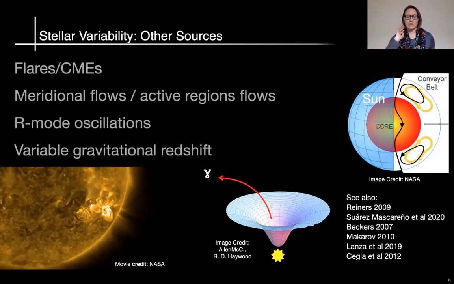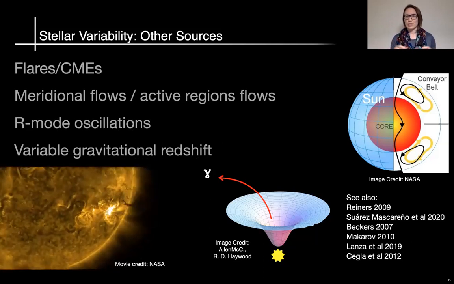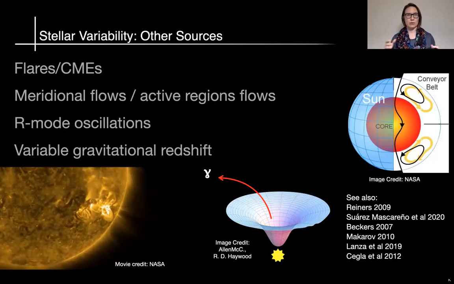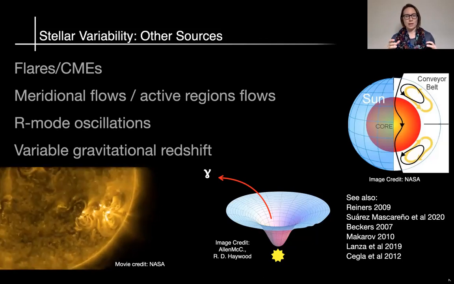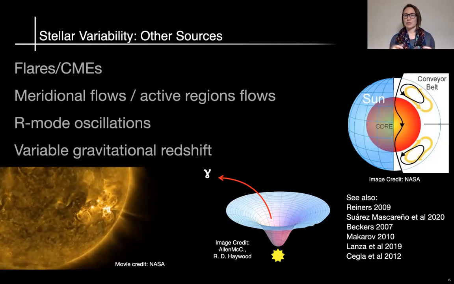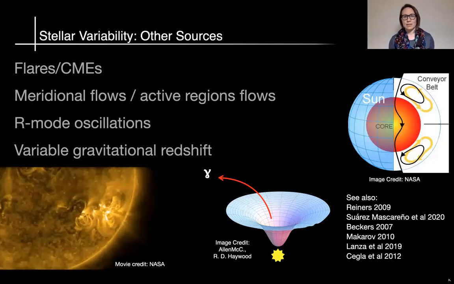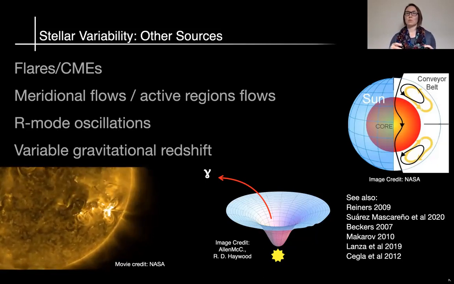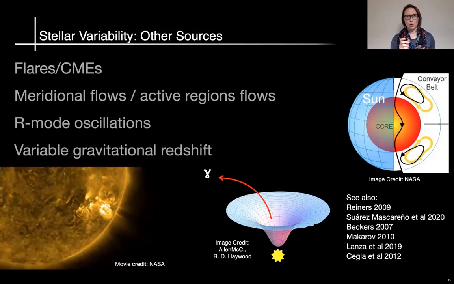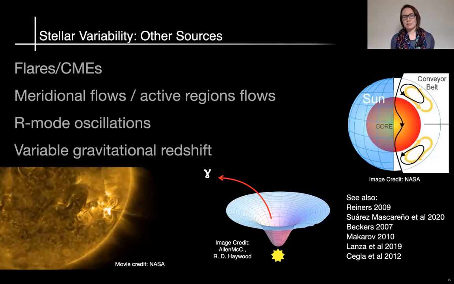In addition to the fact that if you have a star of a given mass and it changes radius, for example, maybe because the convective properties changed over your solar cycle, if you have a change in radius, then you're going to end up having a different gravitational potential energy if your mass is the same. And then that means your gravitational redshift will be different, which would result in a wholesale velocity shift with no potential counterpart in terms of the asymmetries.